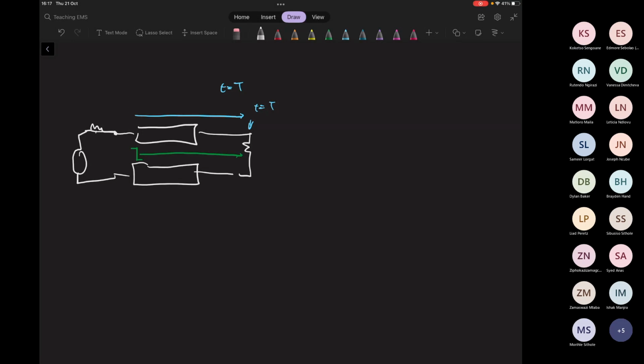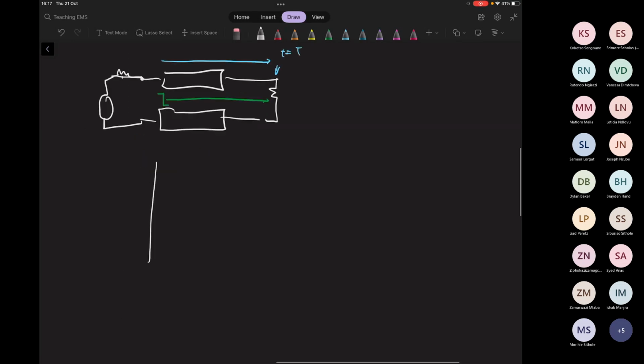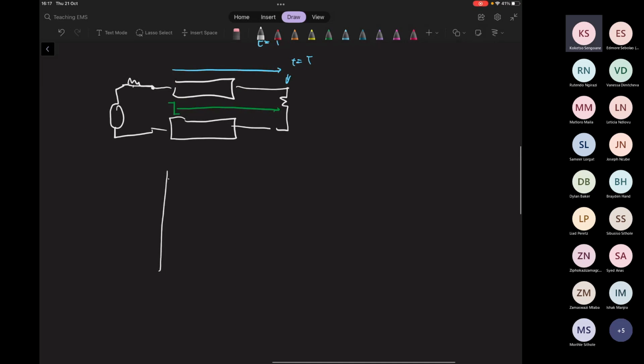Now, to understand what's going to happen, you must draw your reflection diagram. Remember, this is time on the vertical axis, and this is position, where you are on the line. We know that a wave will travel in time and in direction, the initiated wave.